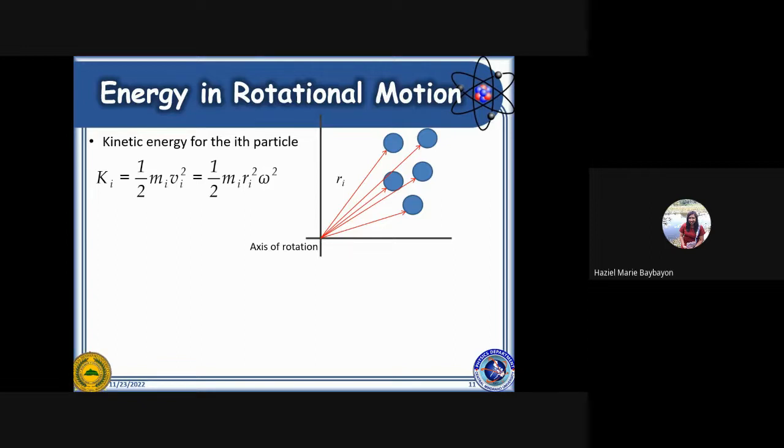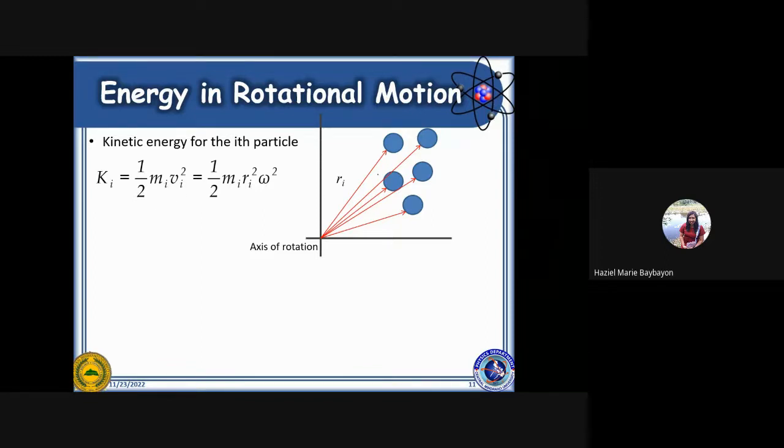Okay, so suppose you have many objects or many rigid bodies that are moving about a certain axis of rotation. Okay, so we have 1, 2, 3, 4, 5. So the kinetic energy of the particles, we can account for them individually, and it is equal to 1/2 mv squared, depending on the particle.